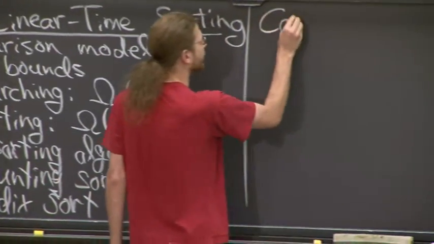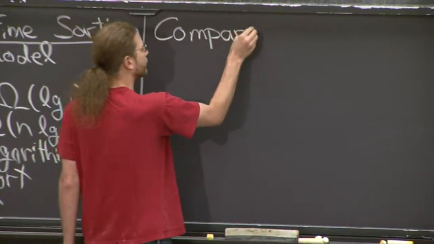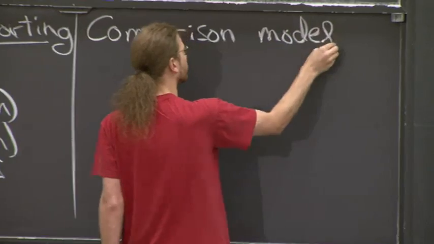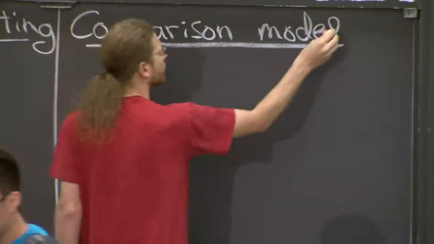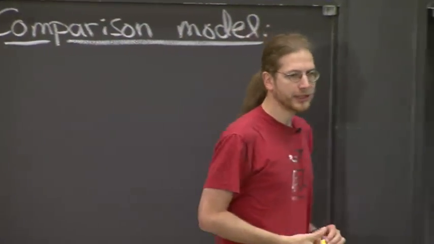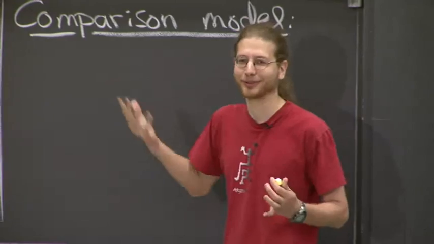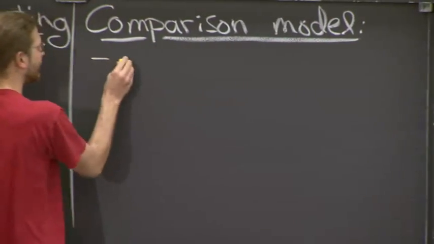Let's start with this comparison model. So the idea in the comparison model is to restrict what kind of operations we can do to be comparisons. It's very straightforward.